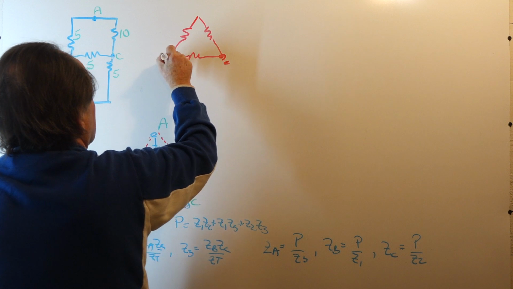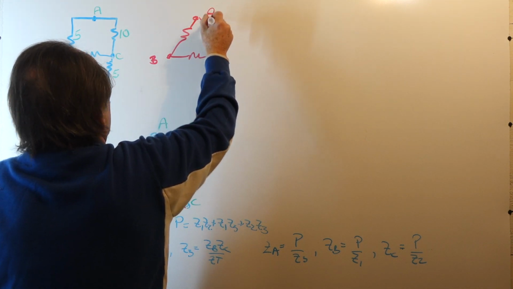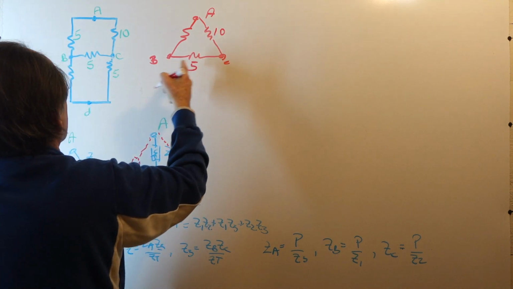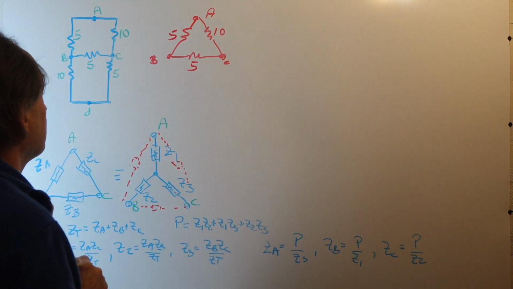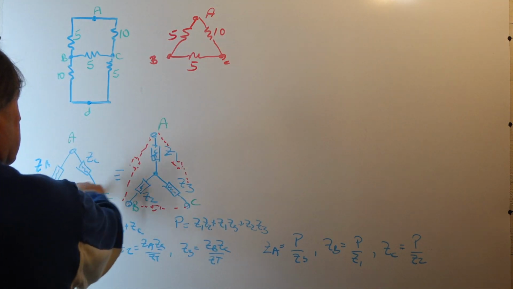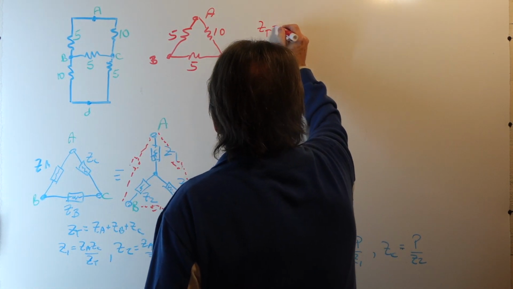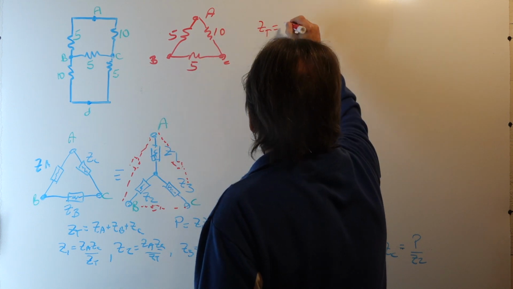This is C, this is B, and this is A. This element has value 10. This is our bridge element of value 5, and this is the other element of value 5. So this looks like the delta. So the first thing we do is we find ZT. ZT is the sum of the elements 5, 5, and 10, which is 20.